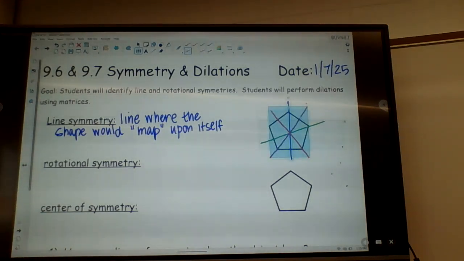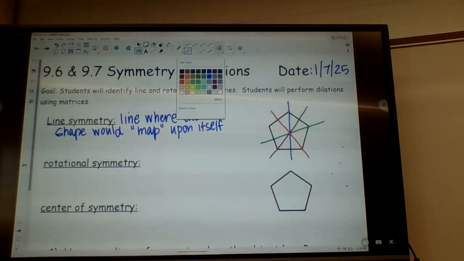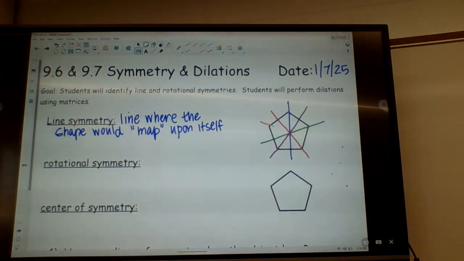I'm using different colors so that I can tell what we're up to here. So I was able to draw 5 different lines, and all of those are lines of line symmetry.